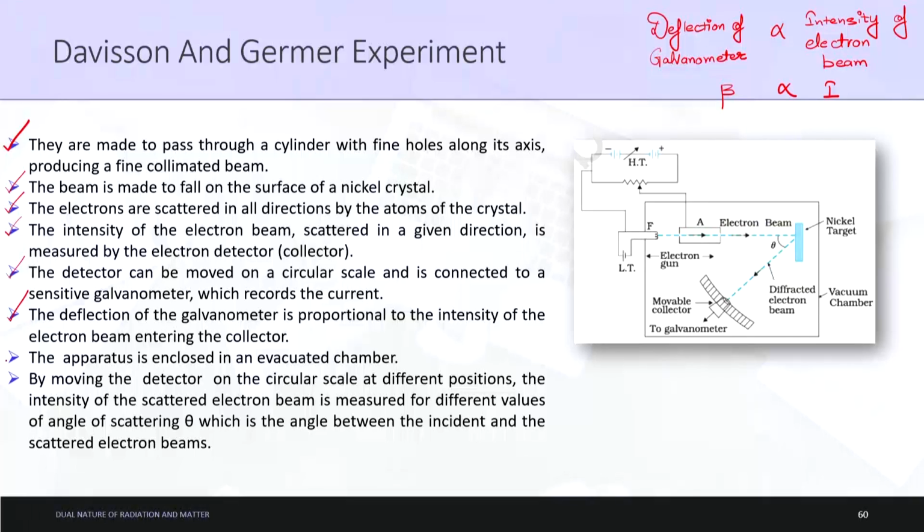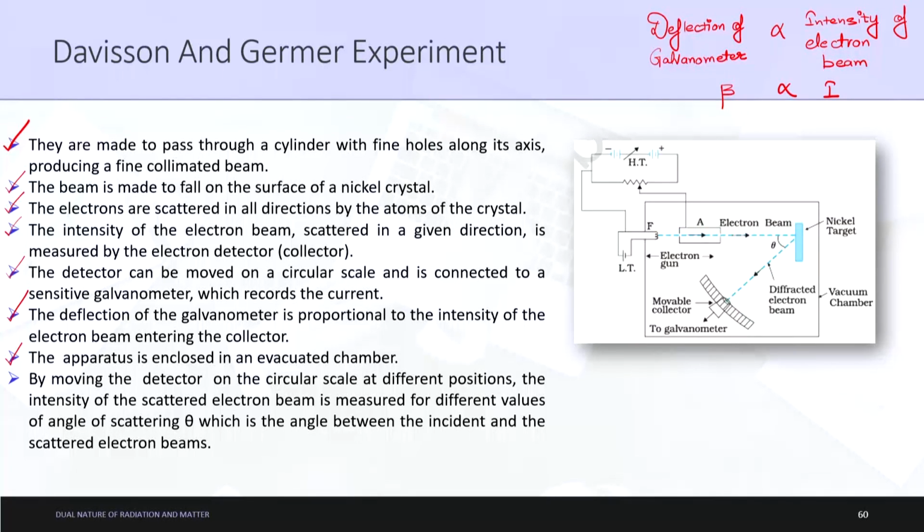If we did it in normal room conditions, the distractions and errors due to air etc. can be huge. That is why we try to reduce these distractions and errors, and hence do the majority of experiments in a vacuum chamber. So, the apparatus is enclosed in an evacuated chamber.